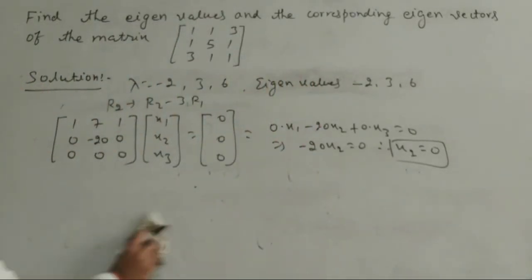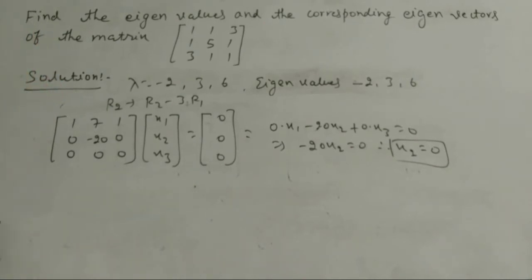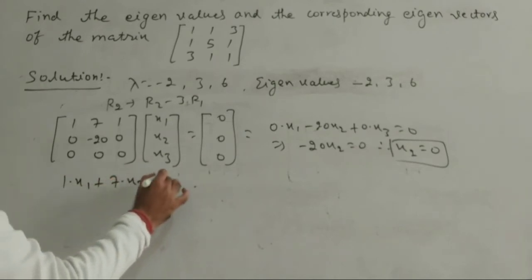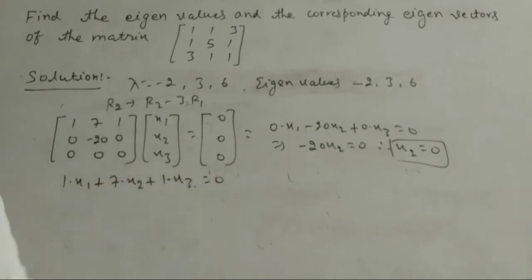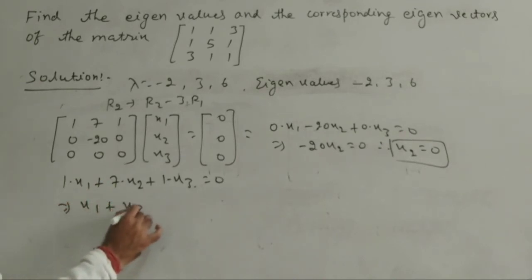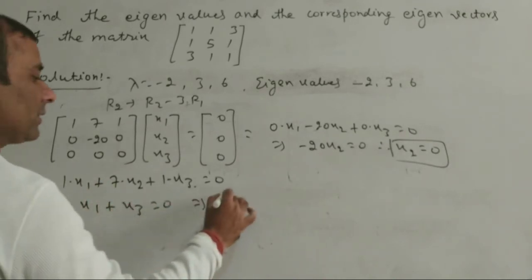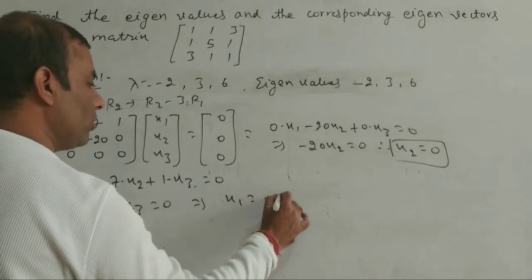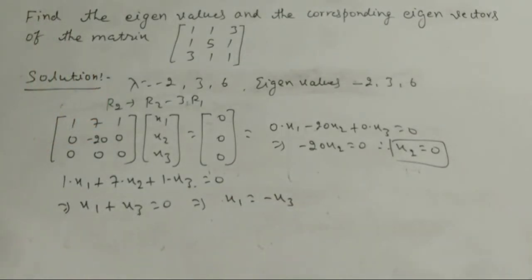Now solving from the first equation, we have 1 into x1 plus 7 into x2 plus 1 into x3 equals to 0. Here x2 equals to 0, so we have x1 plus x3 equals to 0. This implies x1 equals to minus x3.